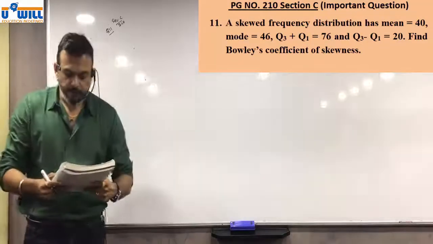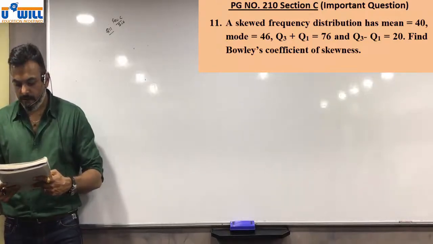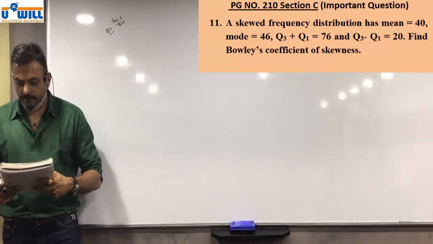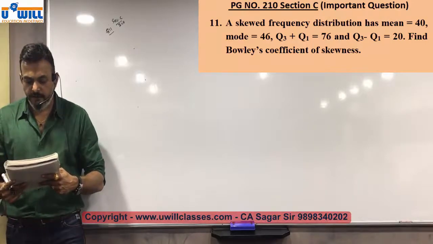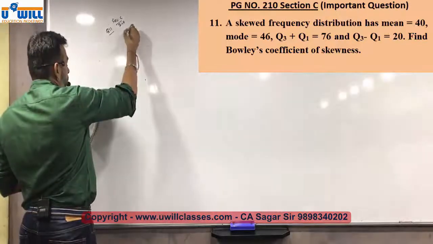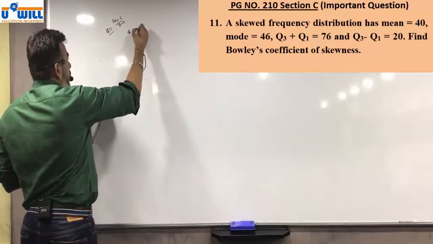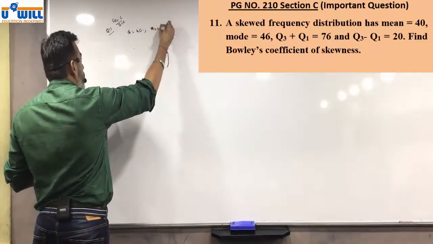Question 11. A skewed frequency distribution has mean equal to 40, mode 46, Q3 plus Q1 equal to 76 and Q3 minus Q1 equal to 20. Find Pearson's coefficient of skewness. Now, what is given? Mean is given, X bar is equal to 40. Mode is given, which is equal to 46.